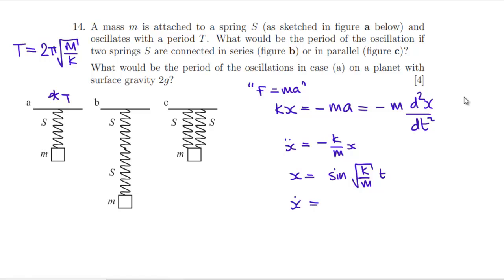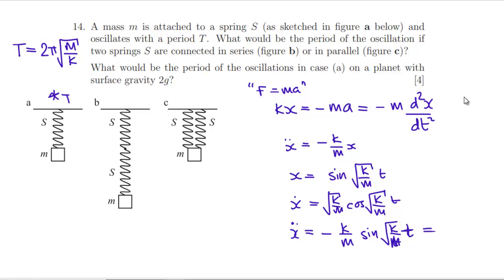So x dot is going to be the square root of k over m times cos of the square root of k over m times t, and then our x double dot is going to have the minus k over m times sine of the square root of k over m t. Right, so that we've been through before in our SHM videos, so there's nothing new on all of that. That is our minus k over m x.